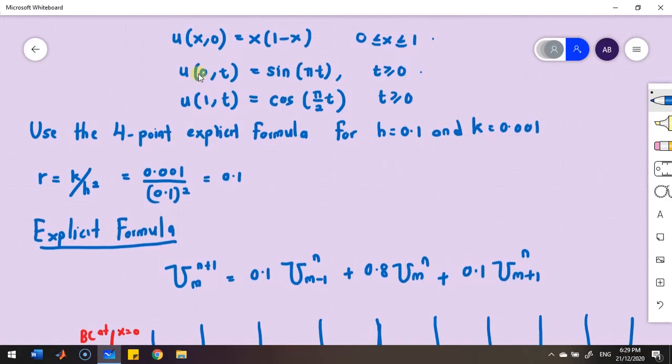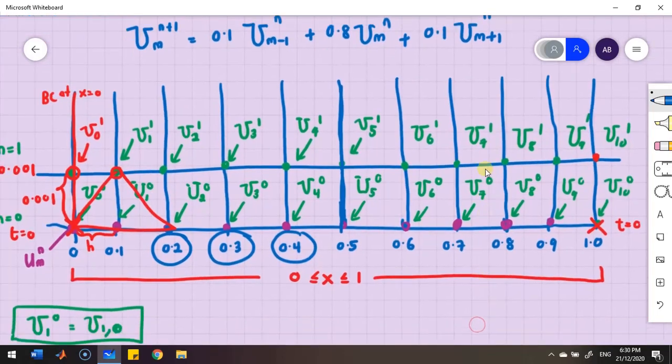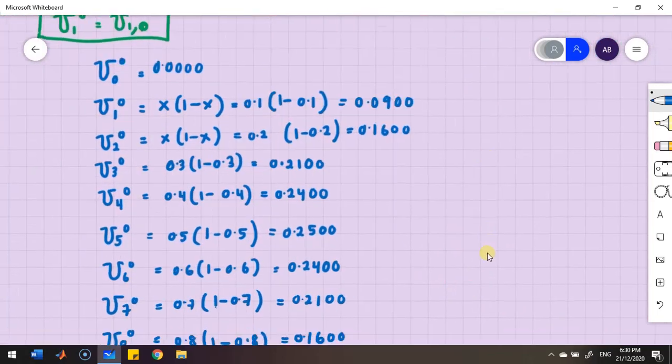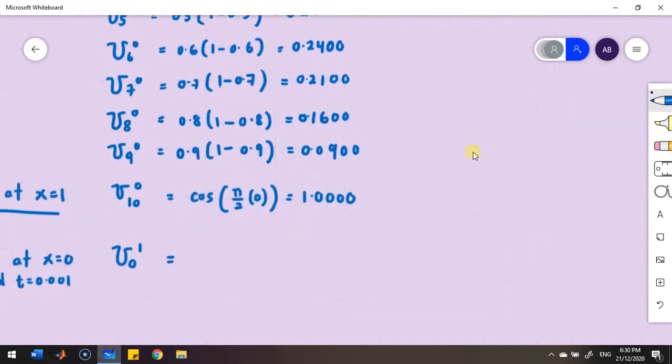At x equals 0 it is sine pi t, so we need to write it down for sine pi t. Sine pi and t is 0.001. Press your calculator, and you should get 0.0031.